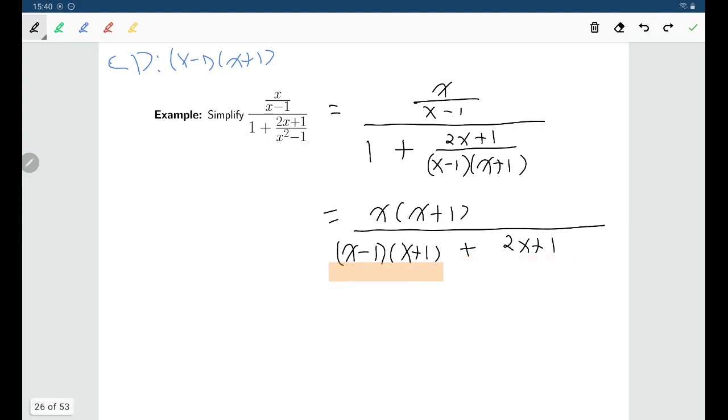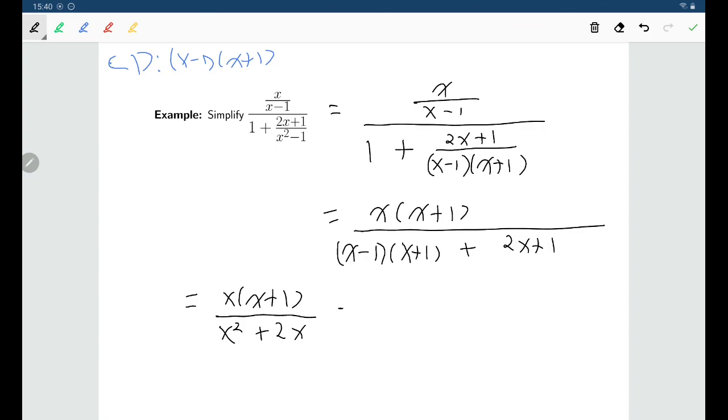So I'm just going to clean things up here and say that in the denominator, this multiplies out to give us x squared minus 1. And that the minus 1 and the plus 1, those would cancel each other out. What I should be left with, if I were to expand the denominator and then simplify things out, I should just be left with x squared plus 2x.